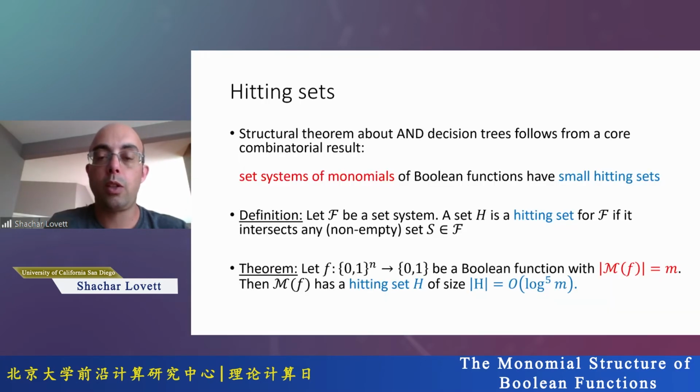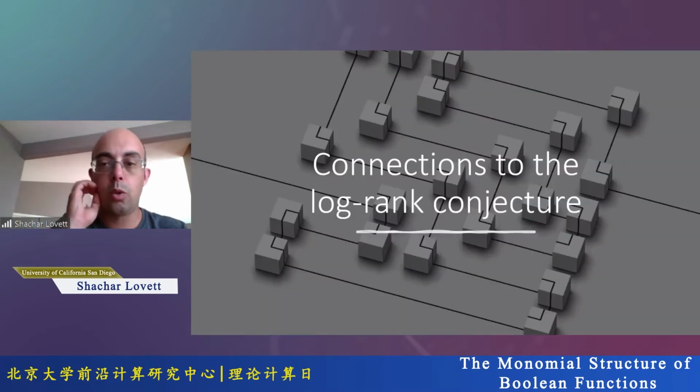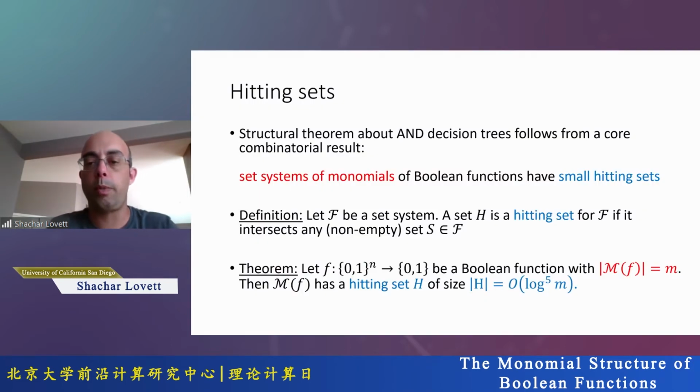Okay, so now I want to tell you about two applications where this question comes up, and the first one was our original motivation, trying to understand the log rank conjecture. Actually, before doing that, are there any questions here going back to the definition of what a hidden set is? No. Okay.